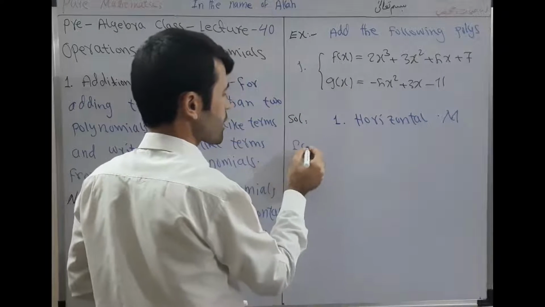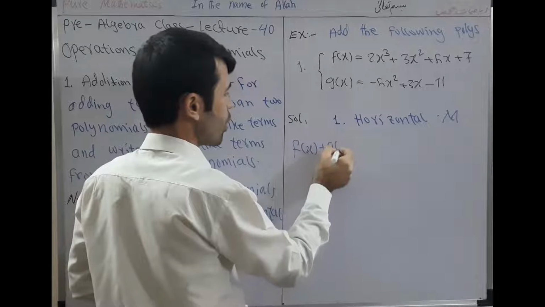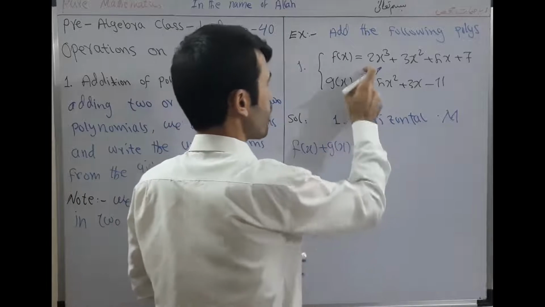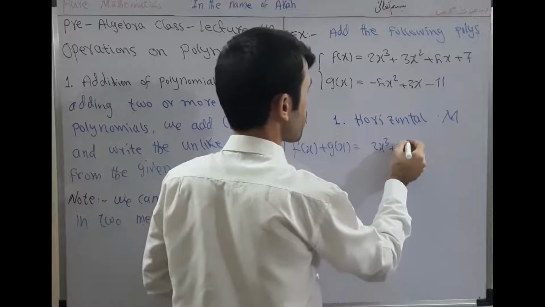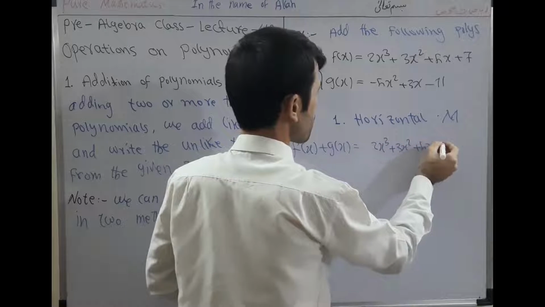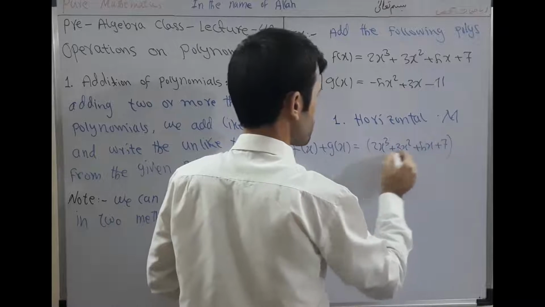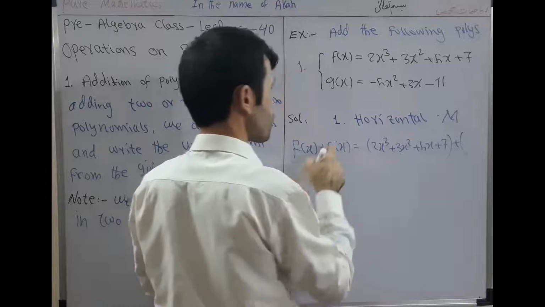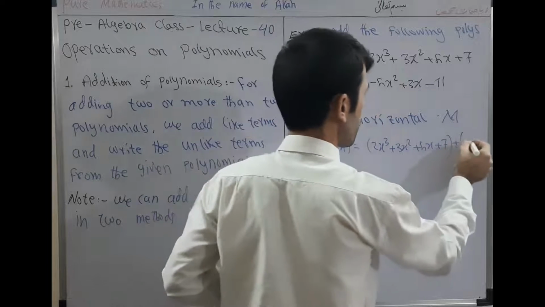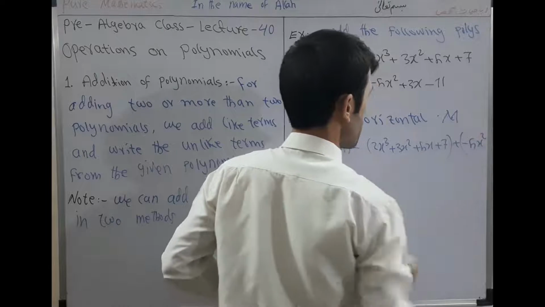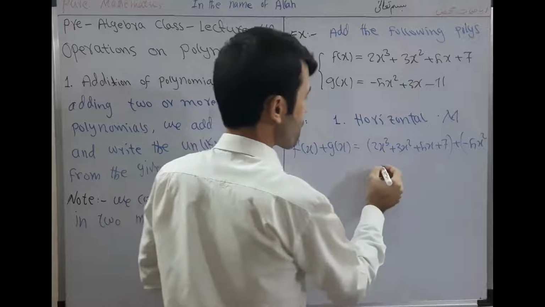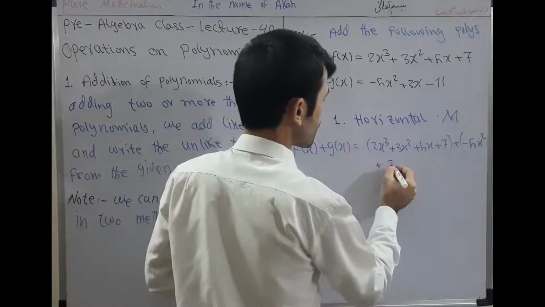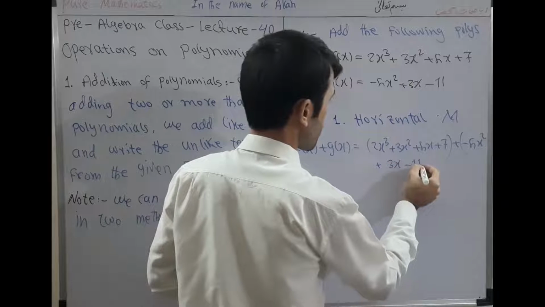Here f of x plus g of x is equal to, for f of x we have 2x cube plus 3x square plus 5x plus 7, plus, instead of g of x, we write the value of g of x, minus 5x square plus 3x minus 11.